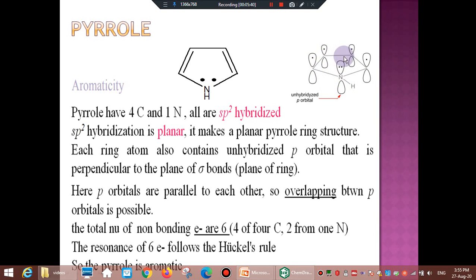All the unhybridized p orbitals present on the carbon atoms contain a single, unpaired electron, while the unhybridized p orbital present on the nitrogen contains a lone pair of electrons.